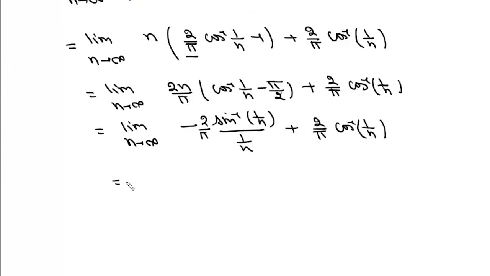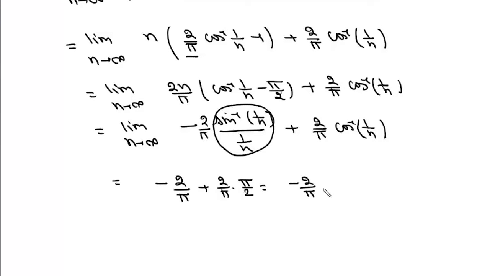Now as n tends to infinite, 1/n tends to 0, so this is sin⁻¹(0)/0, which is standard limit 1, so it will be minus 2/π, and here it will be cos⁻¹(0), and cos⁻¹(0) is π/2, so it will be 2/π into π/2. So the answer to this limit will be -2/π + 1.